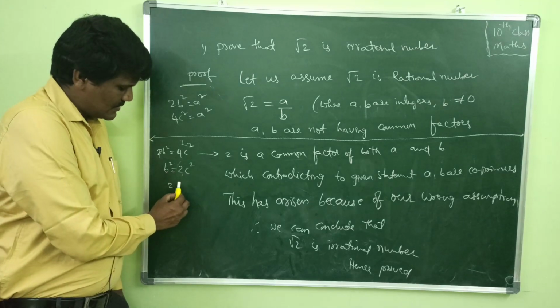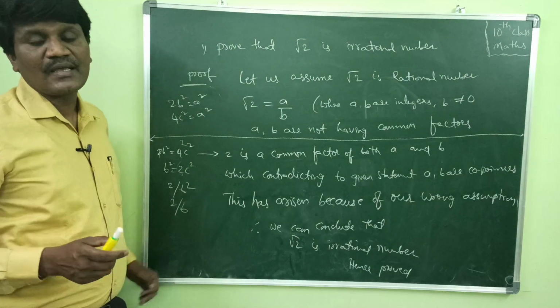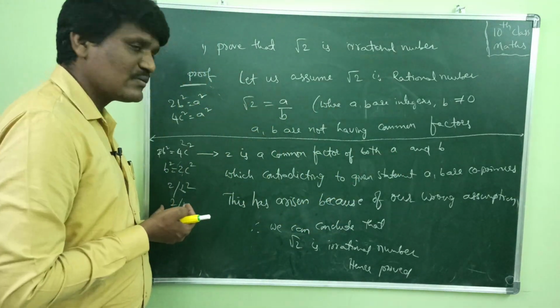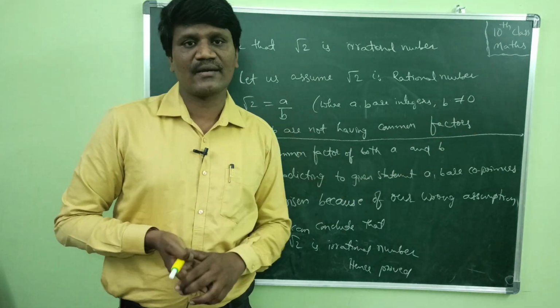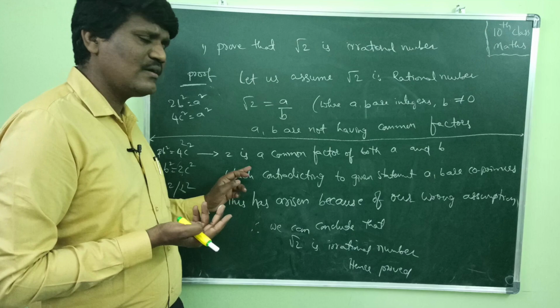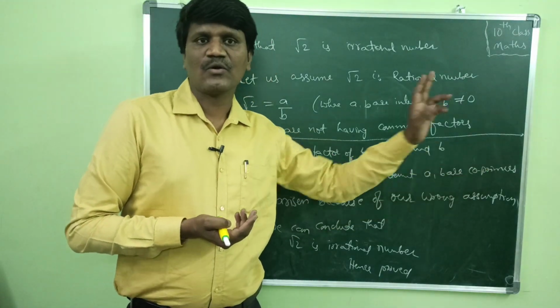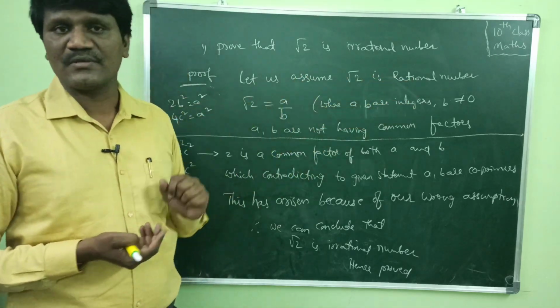So 2 divides b square, which means 2 divides b. In the first we got 2 divides a, and in the second we got 2 divides b. So 2 is a common factor of both a and b. This contradicts the given statement that a, b are co-primes, because initially it is a rational number, meaning they are co-primes.